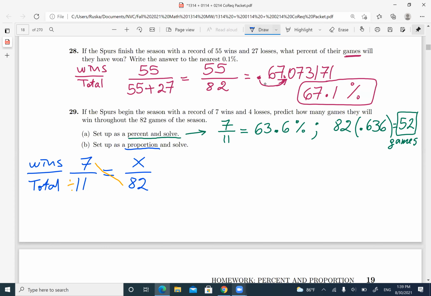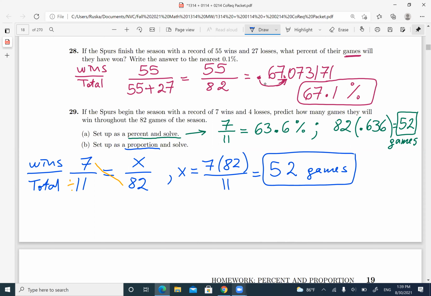So when I solve that, X is going to be 7 times 82 divided by 11. And that's, what is that? 7 times 82 divided by 11, it's 52 games again. And of course, you round to the whole number.